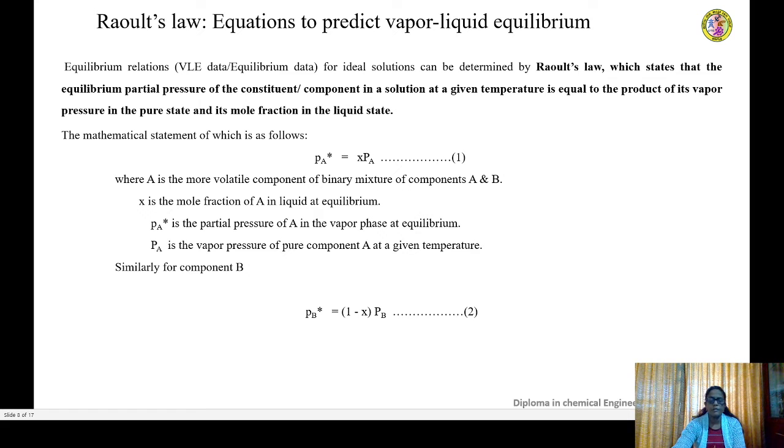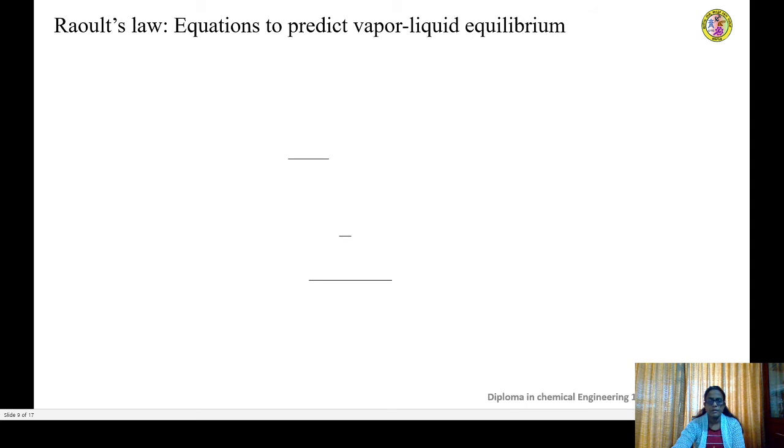So if x is the mole fraction of A, then 1 minus x is the mole fraction of component B. Now let us use these two equations and see how we can get the equation for x and y star.